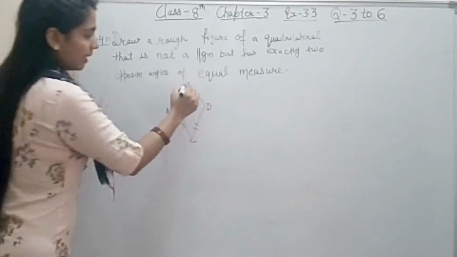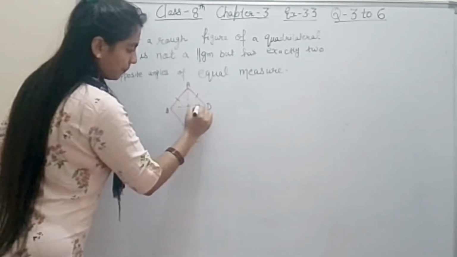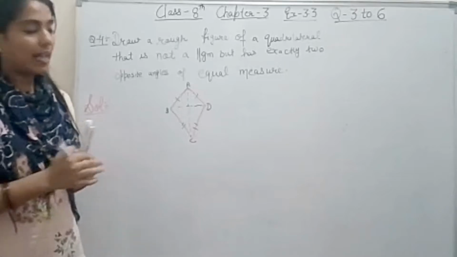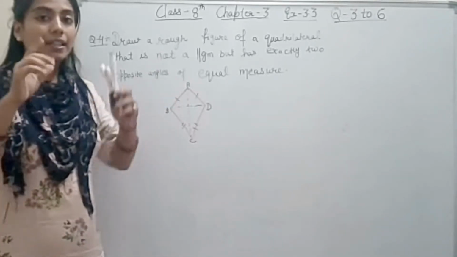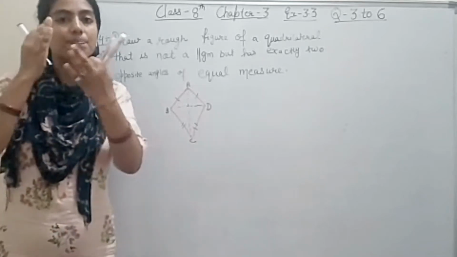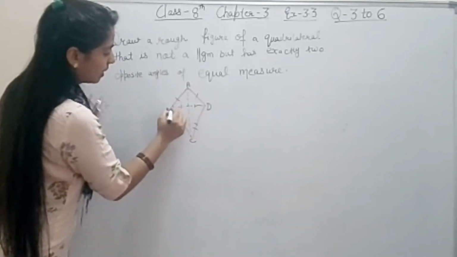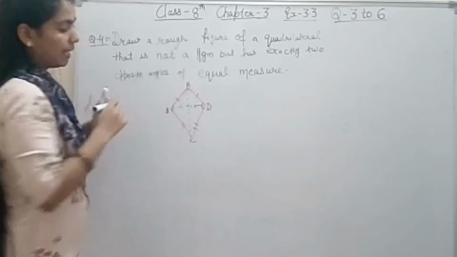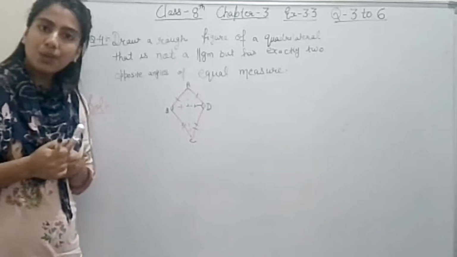And the diagonals are perpendicular, meaning the angle between diagonals is 90 degrees. And one of the diagonals bisects the other. अगर इनकी length same है, they bisect each other, तो इनके angles भी equal होंगे.